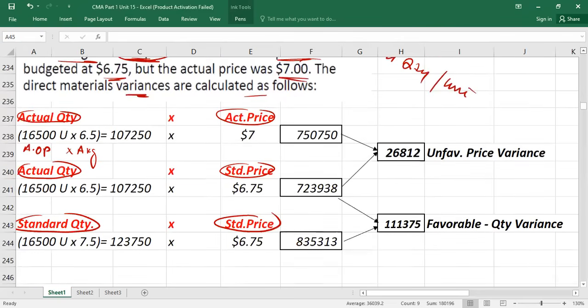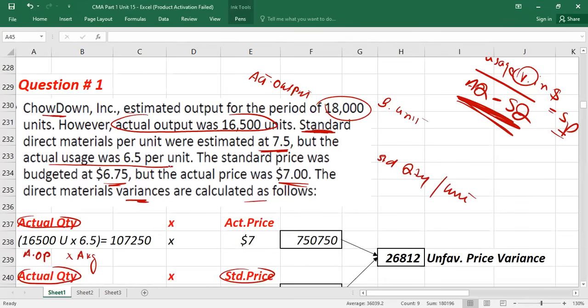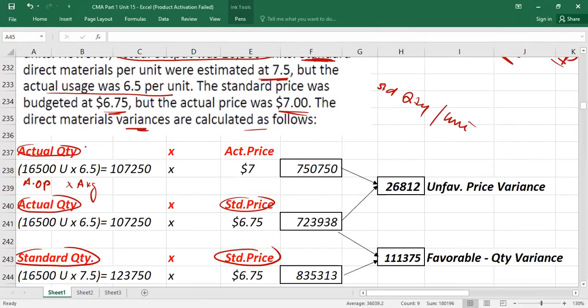Actual output is given here, look, 16,500. And the actual usage was 6.5. So 16,500 into 6.5. This is the actual quantity. The same quantity I will write here.